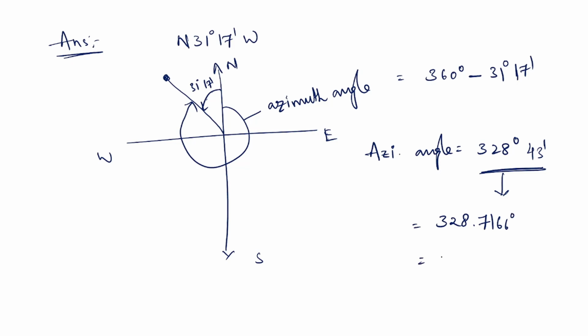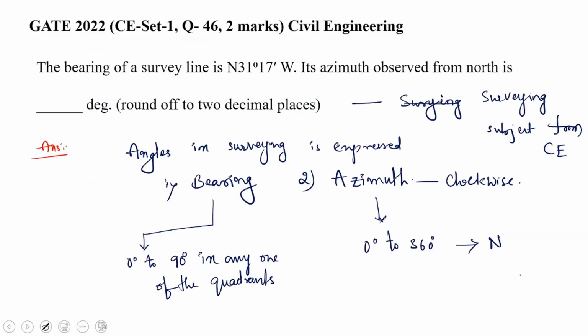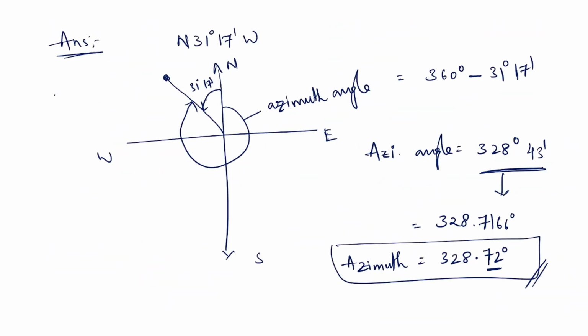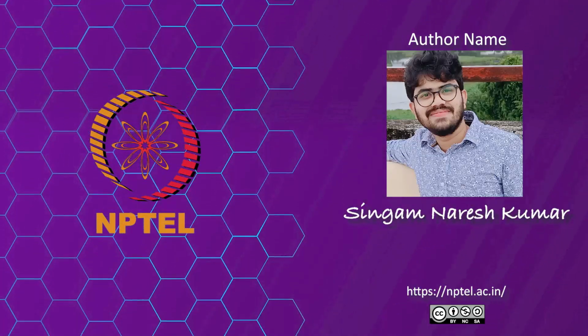Rounding off to 2 decimal points, it is 328.72 degrees. So this is the azimuth angle. The final answer is 328.72 degrees. Okay, thank you.